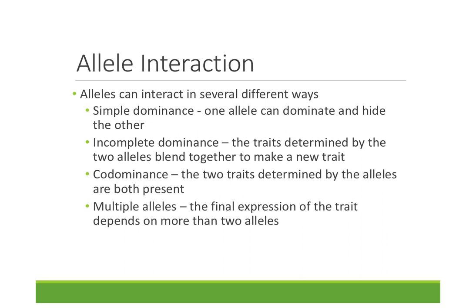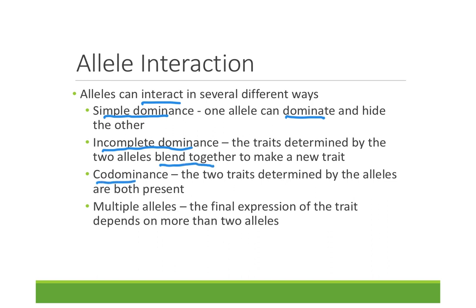Now, alleles interact with each other because you have two of them, and so they're going to potentially affect each other. There is simple dominance, where one allele can dominate the other and actually hide that second allele. There is incomplete dominance, where the traits determined by these two alleles actually blend together to make something new.